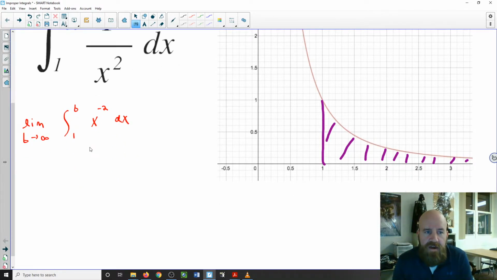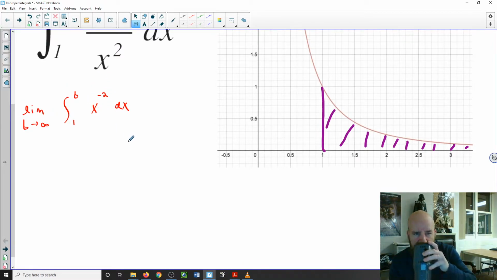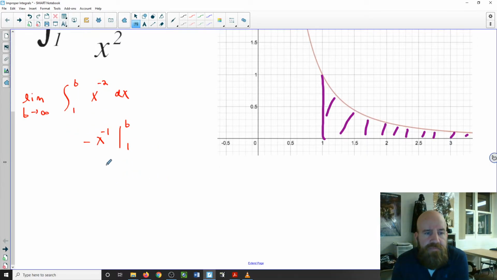So now we can just run through the integral. The integral of this would be negative x to the negative 1, from 1 to b, and we still have the limit out here.